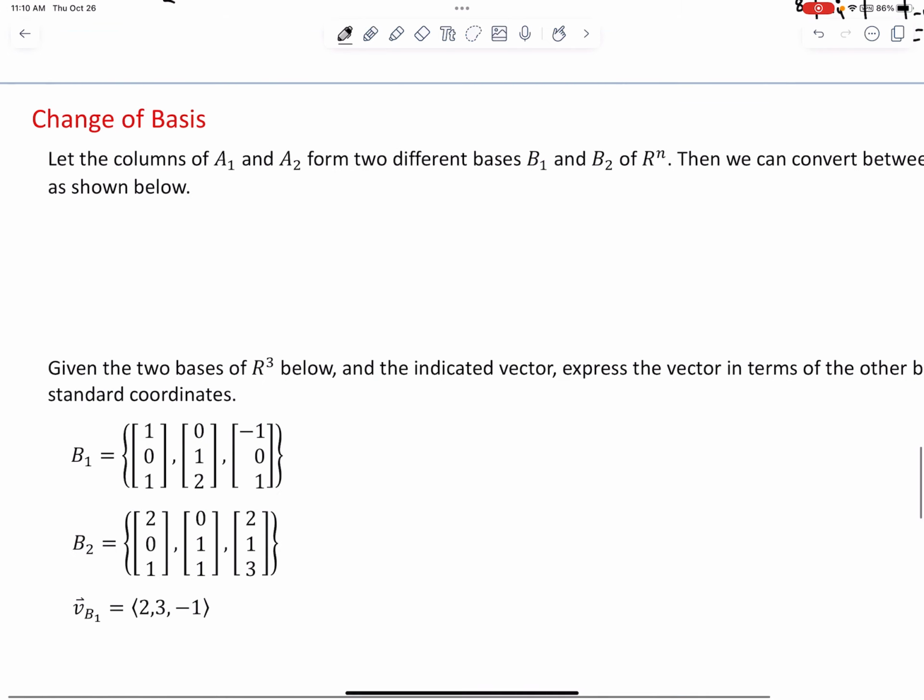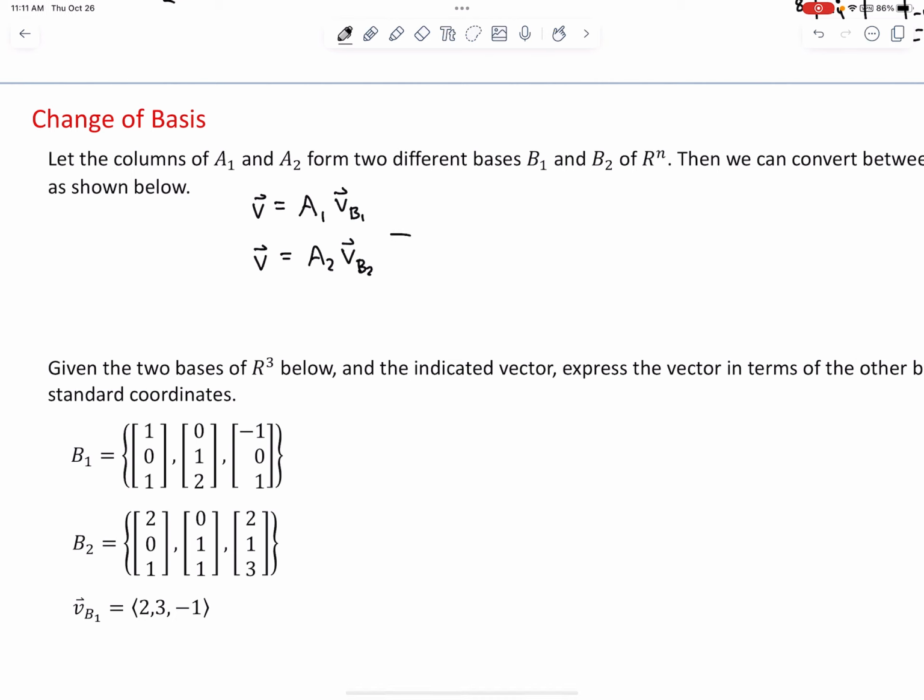So we know that in each case the standard coordinates V can be found by multiplying the matrix A1 times the B1 coordinates for that vector, or we can arrive at the vector in standard coordinates by doing the product of A2 times the B2 coordinates of that vector. Both of these calculations can produce the standard coordinates.